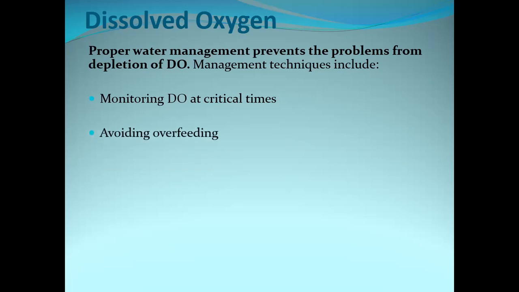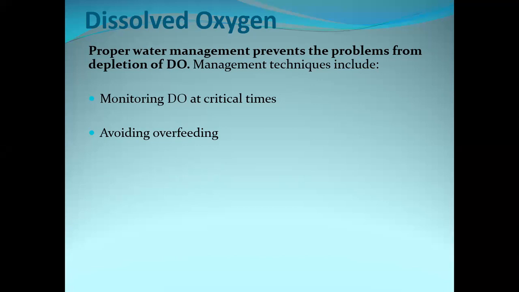Another thing you want to do as well is avoid overfeeding. If you overfeed your fish, then they will utilize more oxygen to break down that fish food. Some of that fish food itself might break down within the system and utilize oxygen. So you want to avoid overfeeding, right?